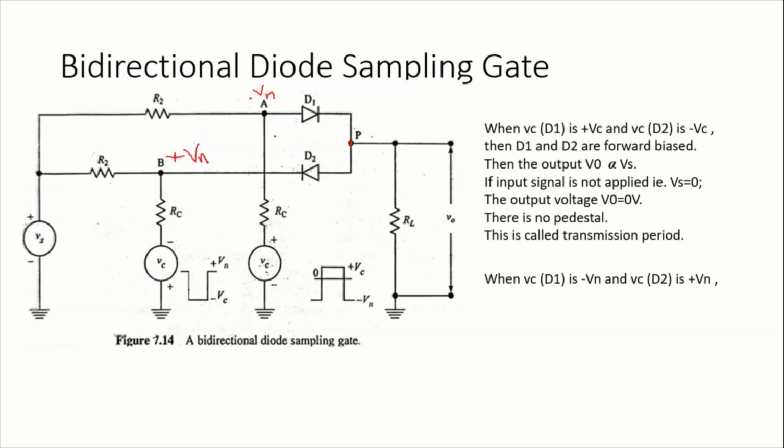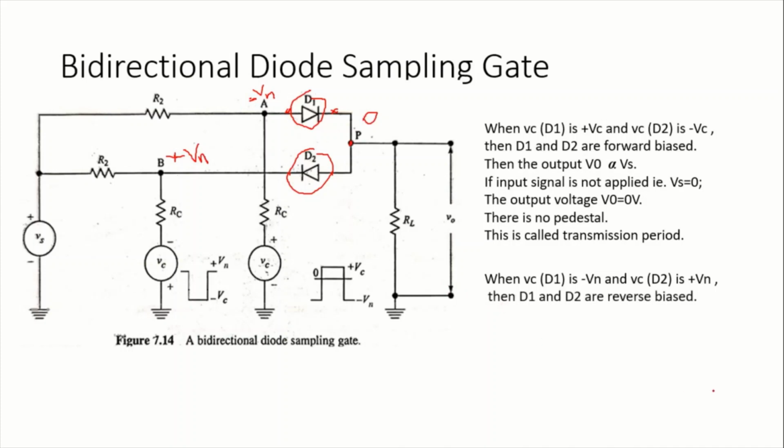What happens, this negative voltage will make diode D1 reverse biased, means this will be open circuited, and this positive voltage is connected at the negative terminal of the diode. This also makes this diode reverse biased, means these two become open circuited, and since these two are open circuited, there will be no current flowing through the resistor as the voltage appearing across this node is 0, so the output will be 0.